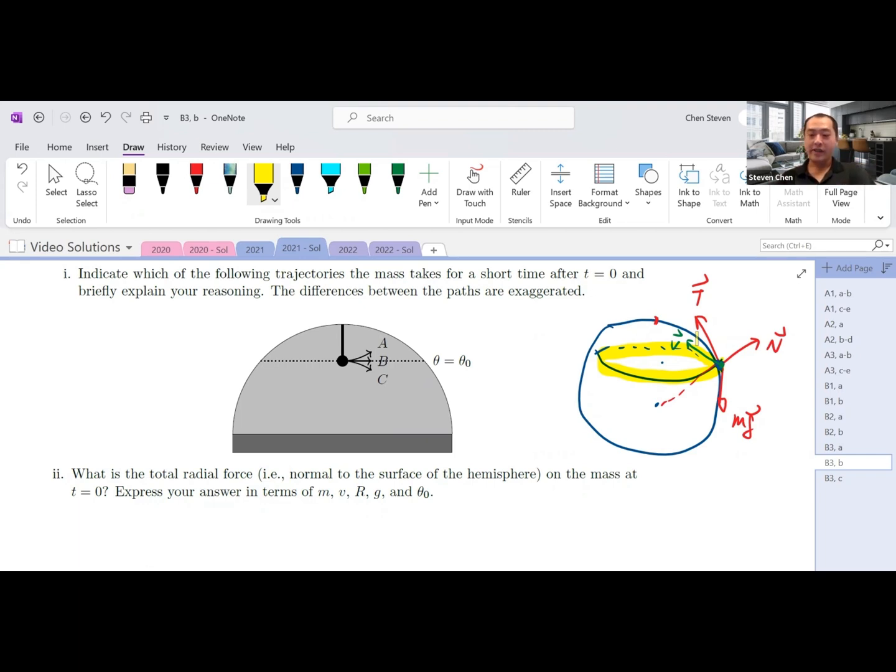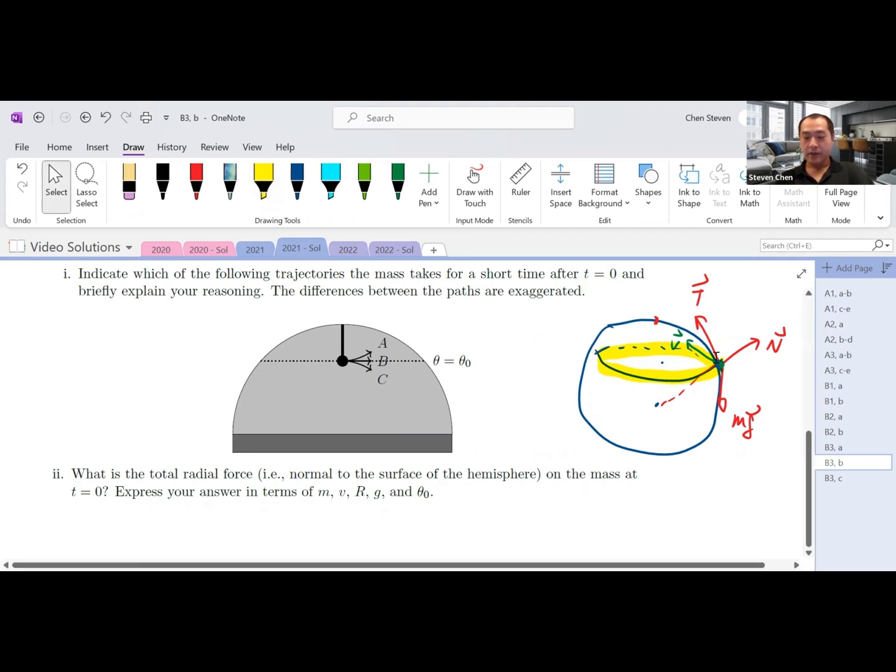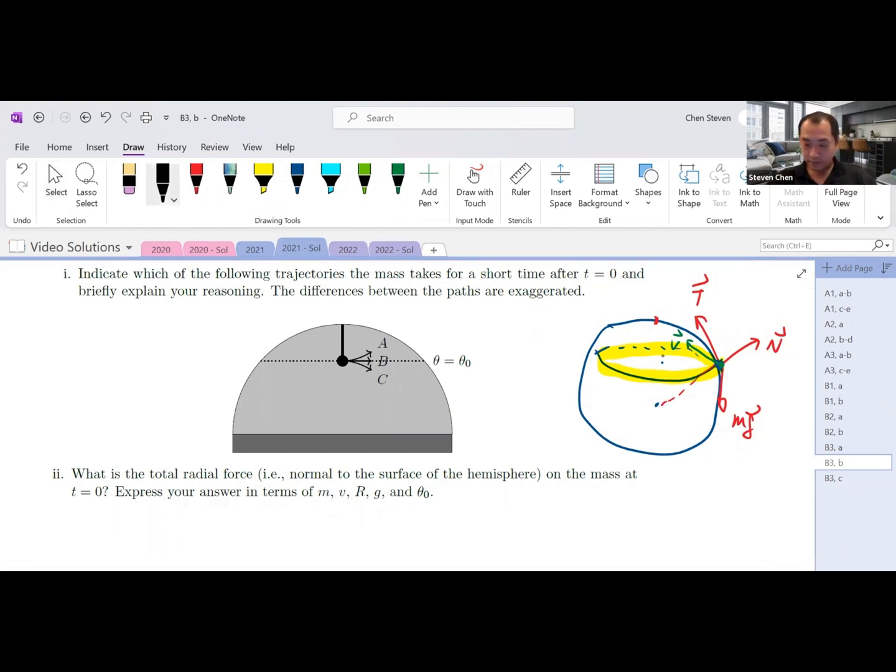And then for the normal force in here, let's look at its x component. By having the centripetal acceleration or centripetal force, right? Because the centripetal force is in the negative direction of the x-axis, it requires us to reduce the normal force, right?